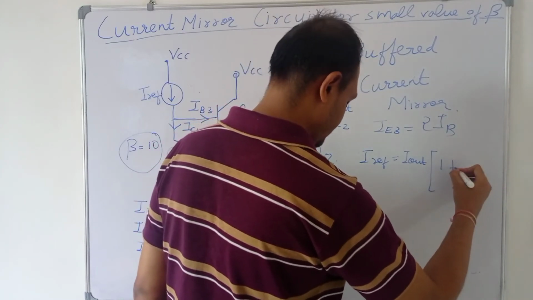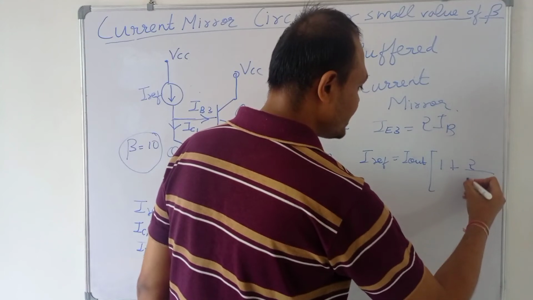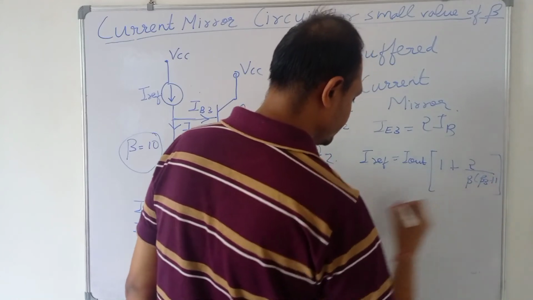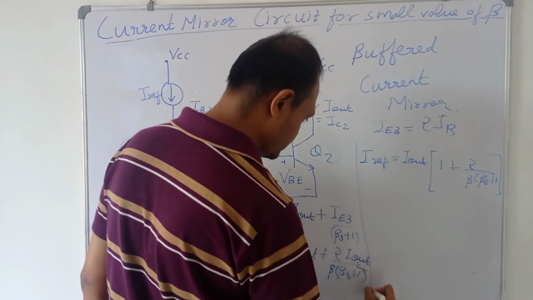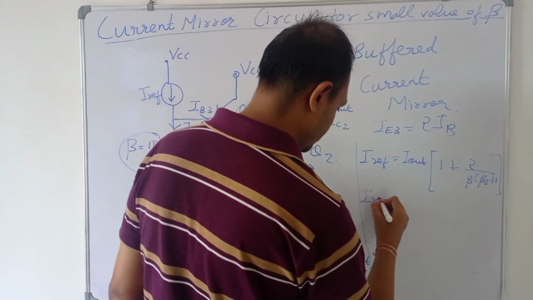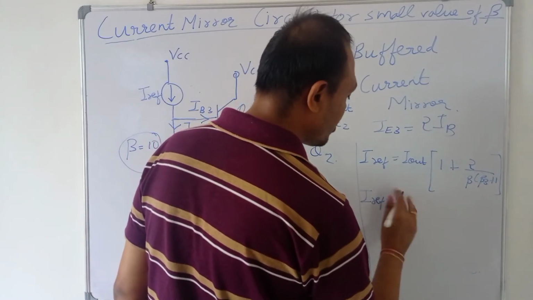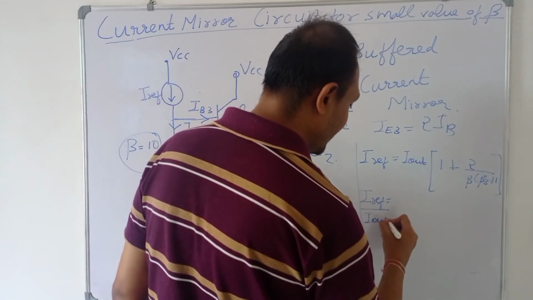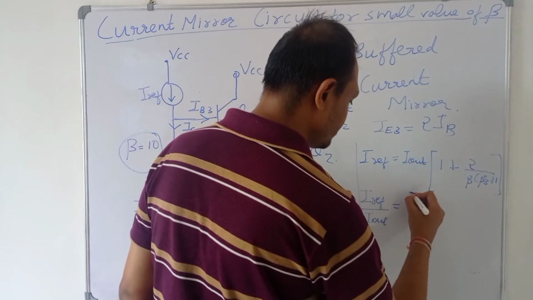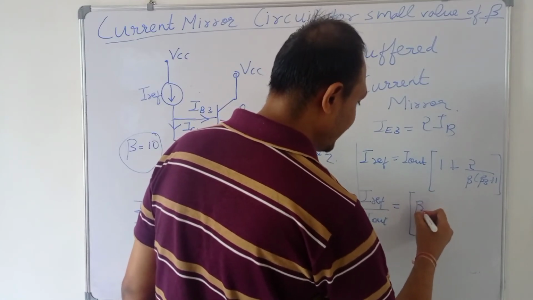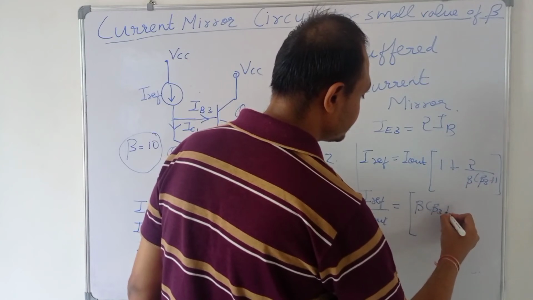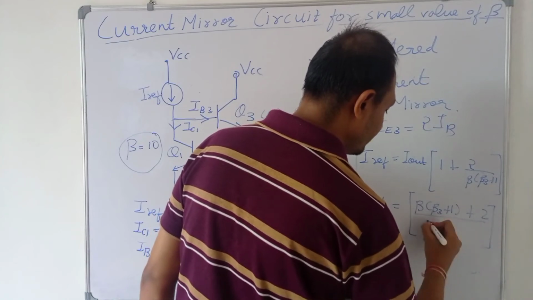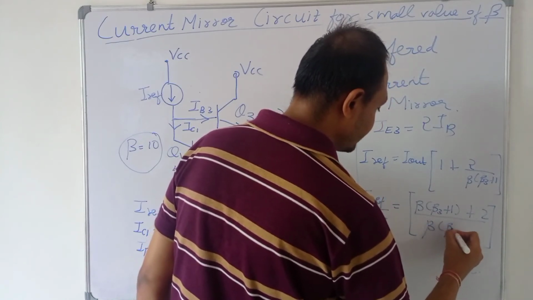1 plus 2 upon beta, beta 3 plus 1. So IREF upon I out we can write as IREF upon I out is equal to 1 over, 1 plus 2 upon beta times beta 3 plus 1.